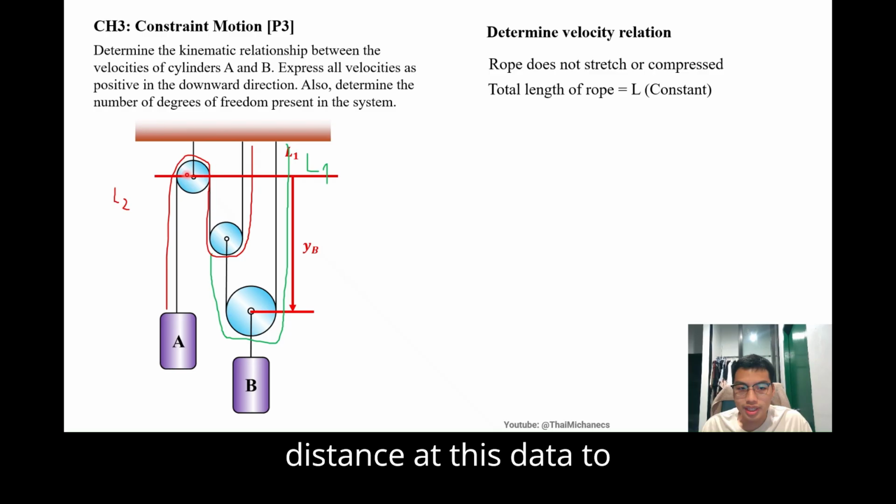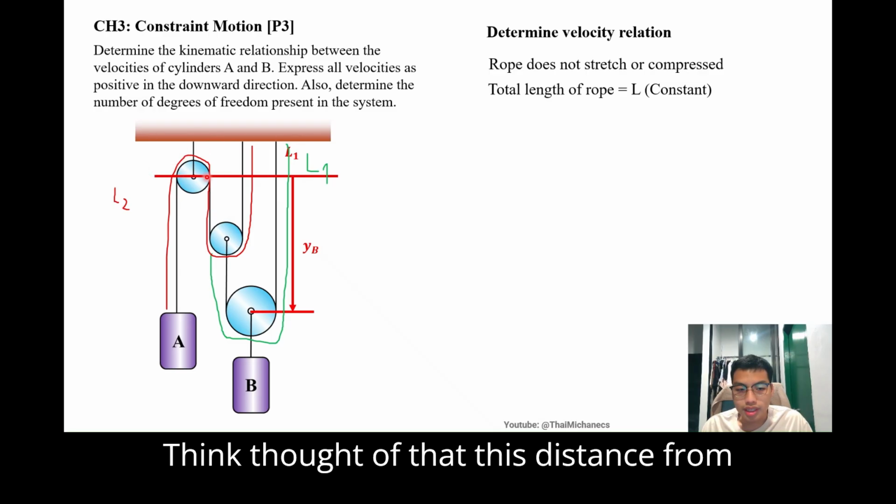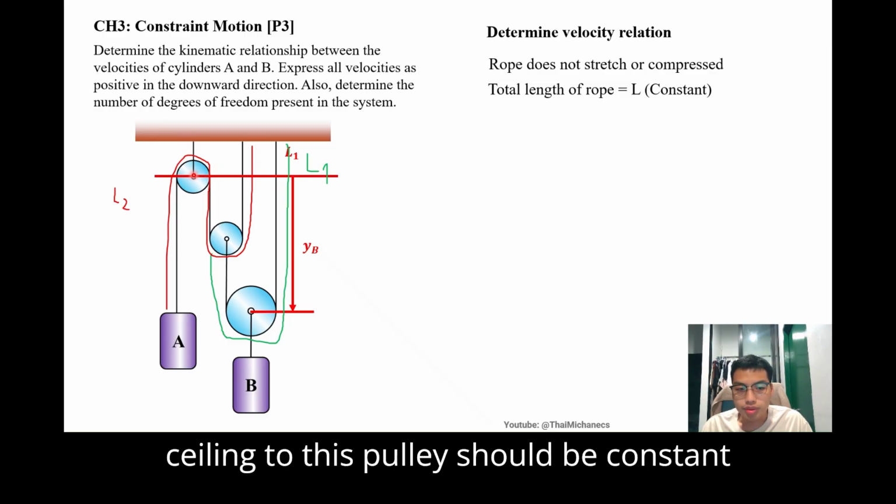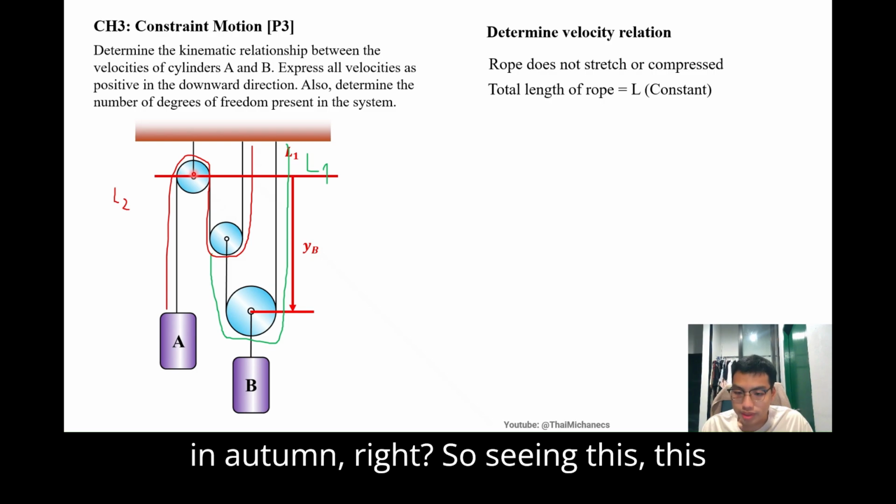YB, which is the distance from this datum to this pulley. We call it YB. Another reason why I didn't use this datum is that I already thought that the distance from the ceiling to this pulley should be constant at all times.